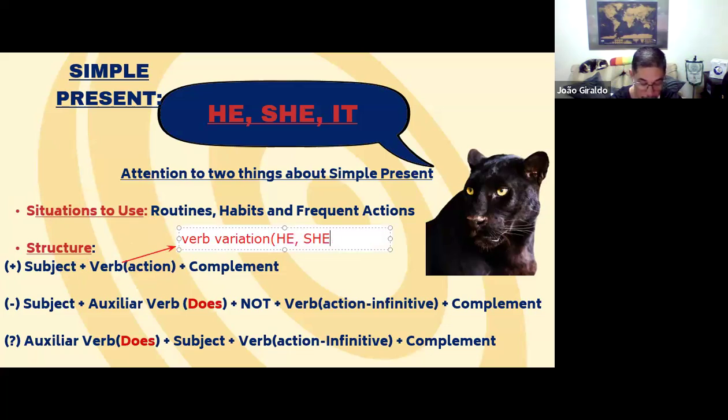Remember only for he, she, and it, and remember only in affirmative. In negative and interrogative, we use the auxiliary and the verb returns to normal form. Okay? This is very important for you to remember, okay? Because it's strategical to use. So let's go.